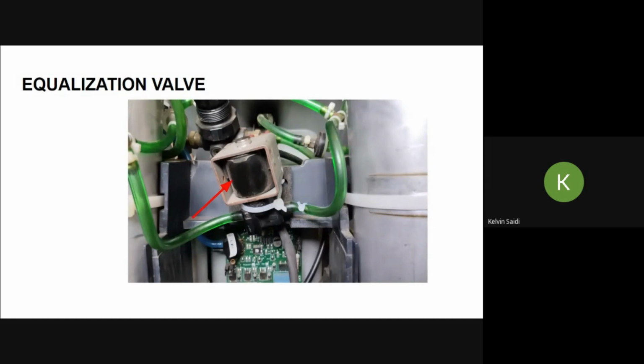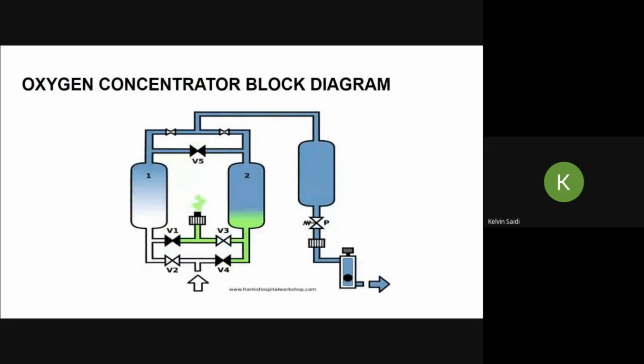So to understand the purpose of this equalizer valve, I'll explain the cycles that occur in an AirSafe oxygen concentrator. There are 5 valves in an AirSafe model oxygen concentrator, and these are the equalization valve, the left feed valve, the left waste valve, the right feed valve, and the right waste valve.